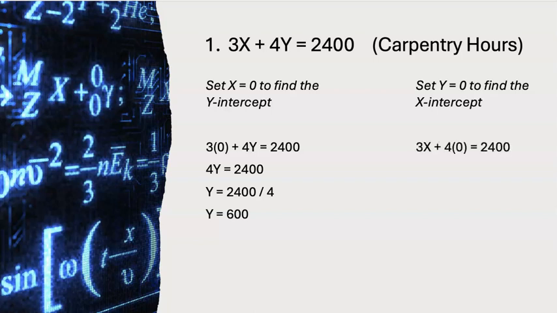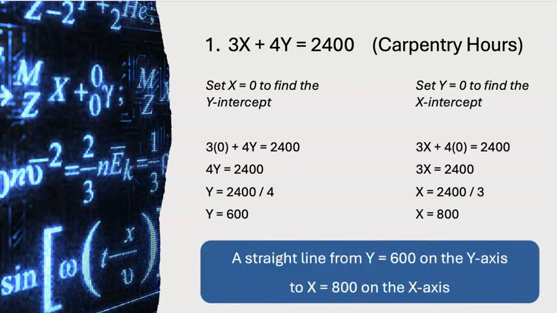So 4 times 0 is 0, so we're left with 3x equals 2400. Divide both sides by 3, and we get x equals 800. So now we're going to be drawing a straight line from y equals 600 on the y-axis to x equals 800 on the x-axis. Alright, so that's the first constraint.